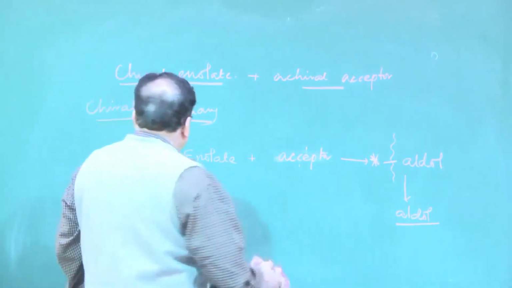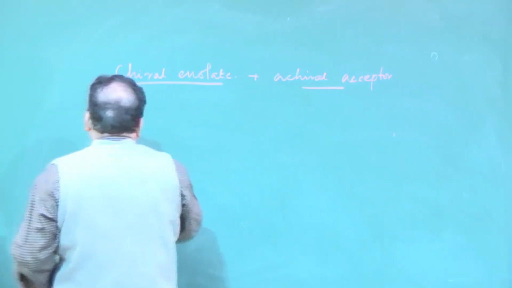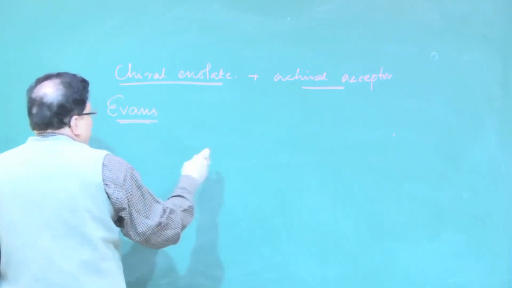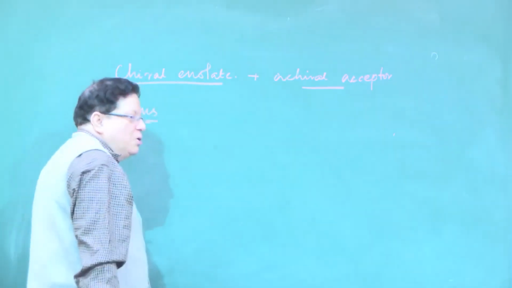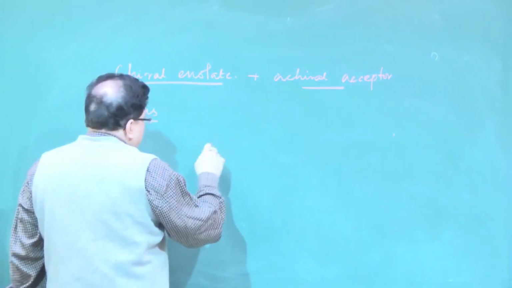Okay. So, the famous scientist Evans made an auxiliary based aldol condensation, which is extremely successful. So, what was the method?